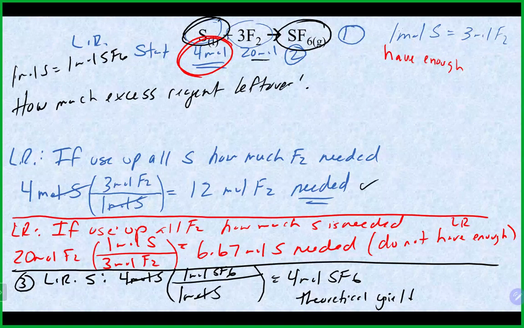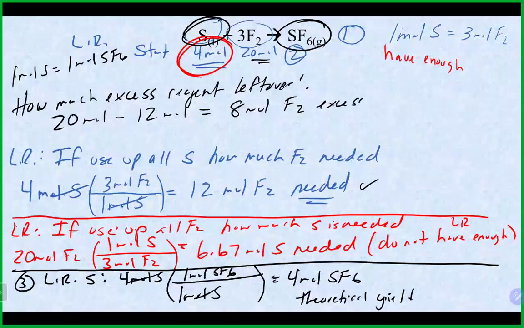I know I have 20 moles to start with. So I would take our 20 moles minus the 12 moles that's necessary, which would leave me about 8 moles of my excess reagent left over, which once again, I could use the molar mass of F2 and figure out how many grams that would be as well. So the benefit of doing it this way is, if you're asked that question of how much excess reagent is left over, you can, if you sort of pick right, do that calculation really quickly as well. Any questions on that there?